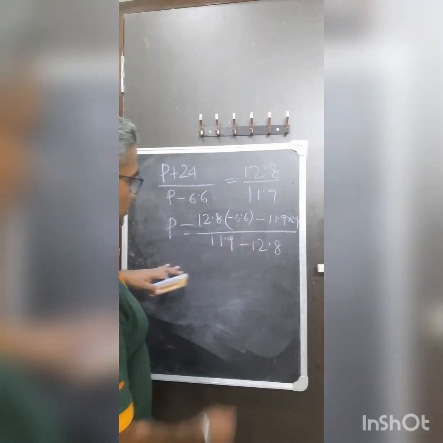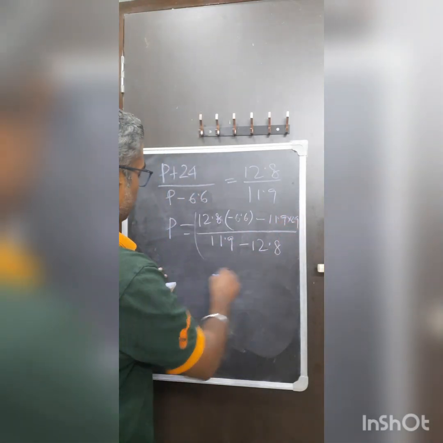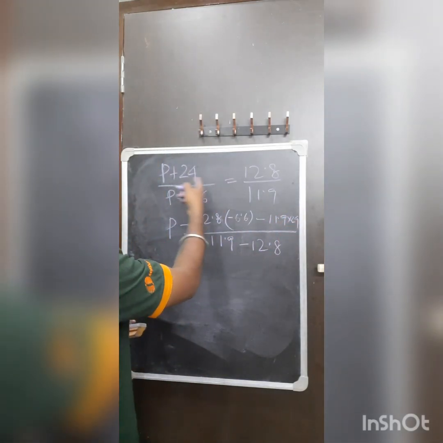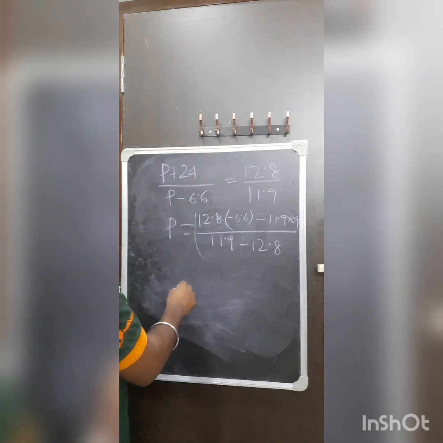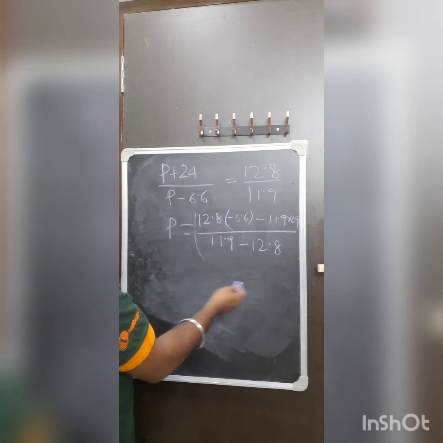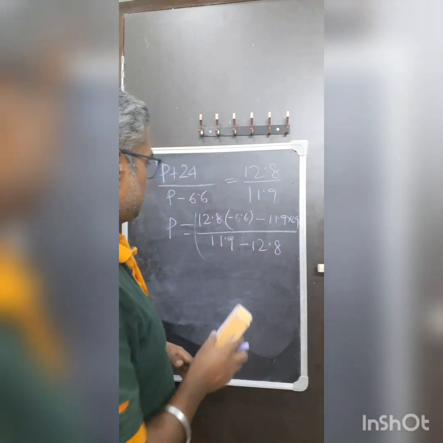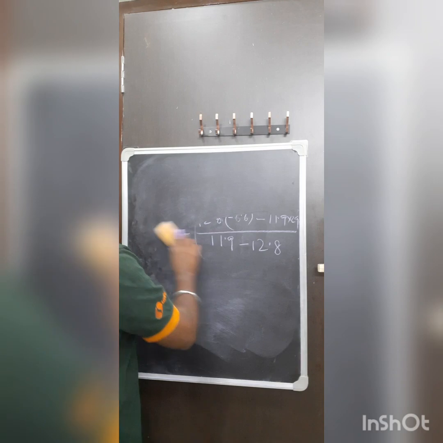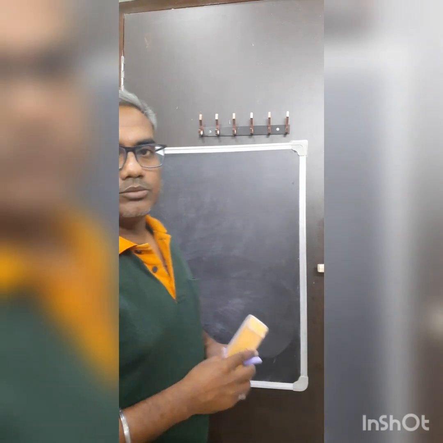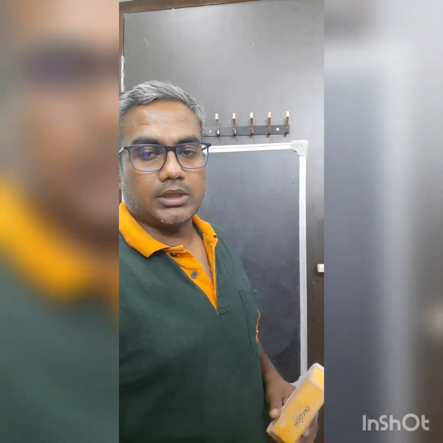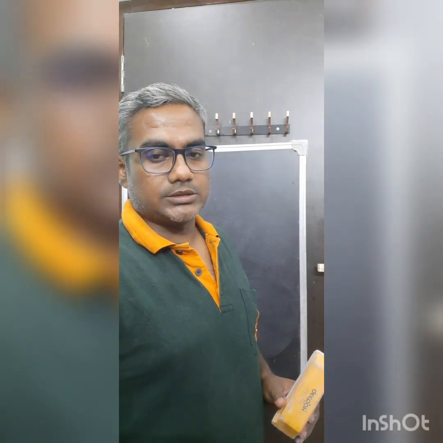This way, if I calculate this part, I will get P, and since P minus S is 24, you can easily get the values of P and S. So this is for now. I will come with more videos at a later stage. Okay, thank you.